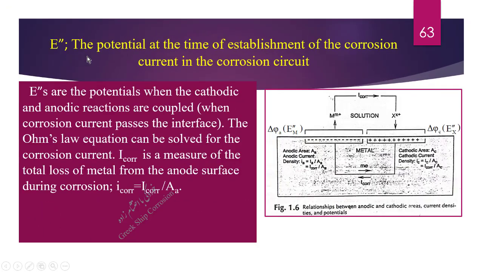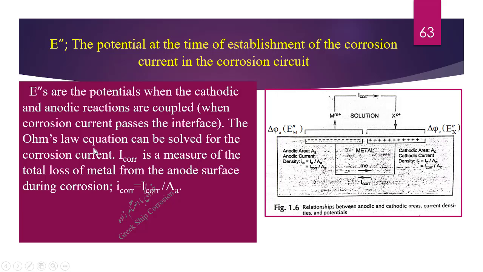E double prime, the potential at the time of establishment of the corrosion current in the corrosion circuit. E double primes are the potentials when the cathodic and anodic reactions are coupled, when corrosion current passes the interface.